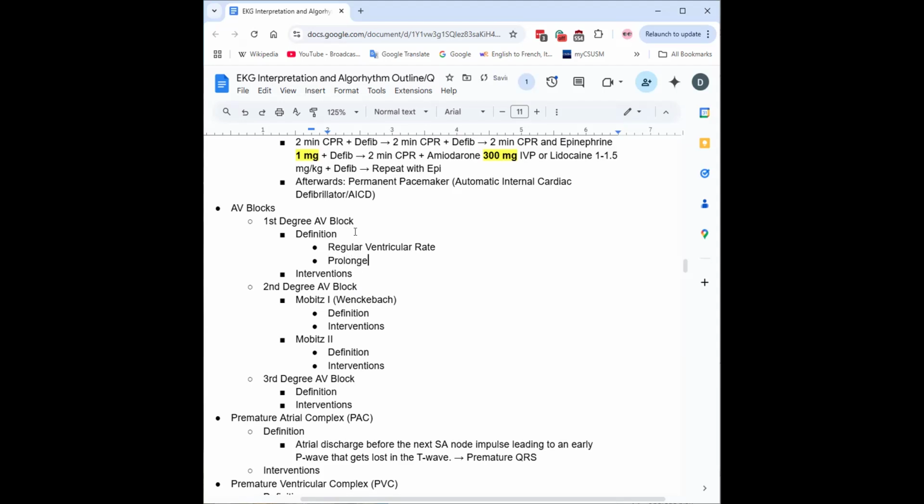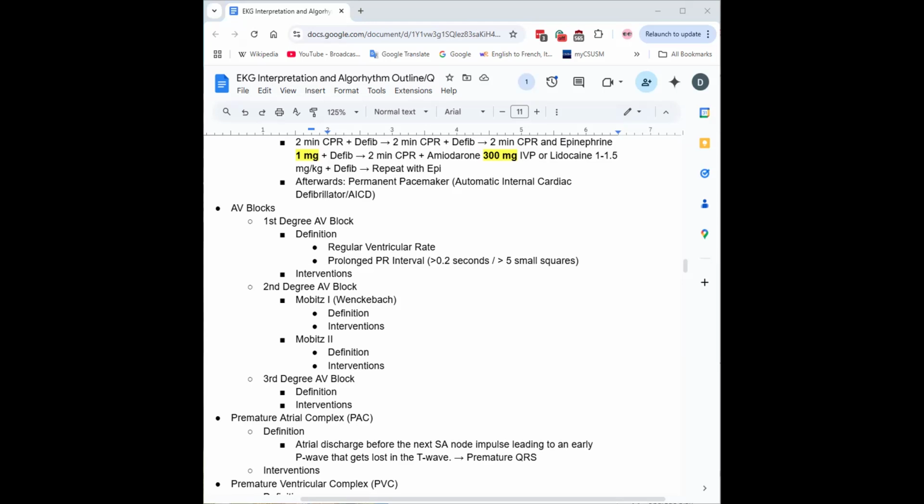So a prolonged PR interval, which would be above 3 to 5 small squares, so above 0.2 seconds, or more than 5 small squares. That would be your prolonged PR interval, but it's consistent. So it stays at that prolonged manner.